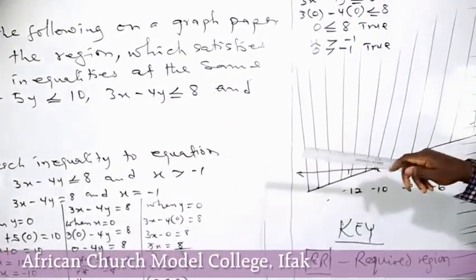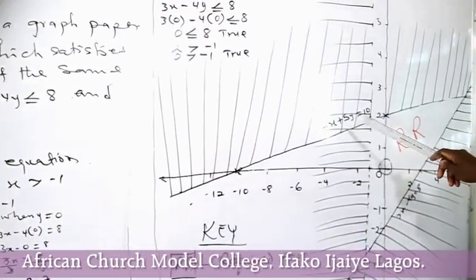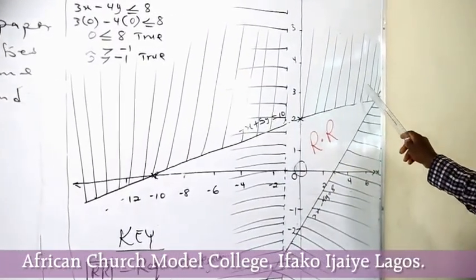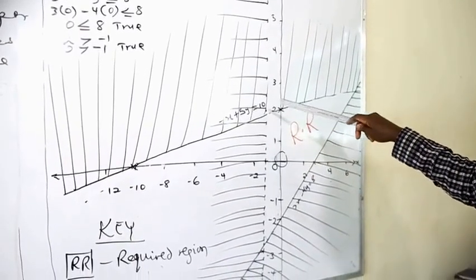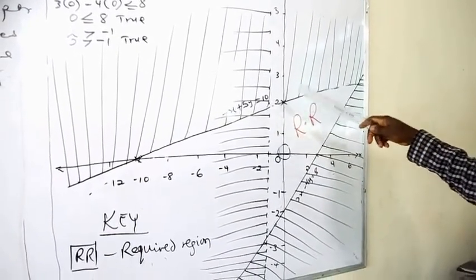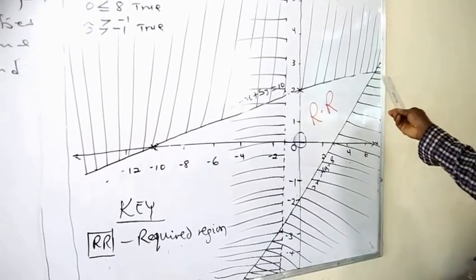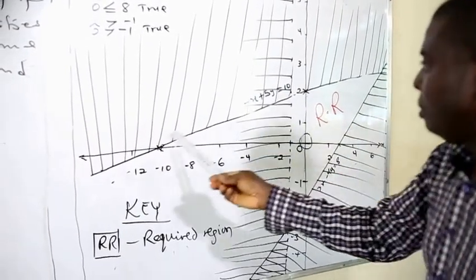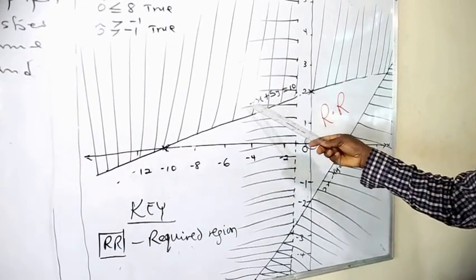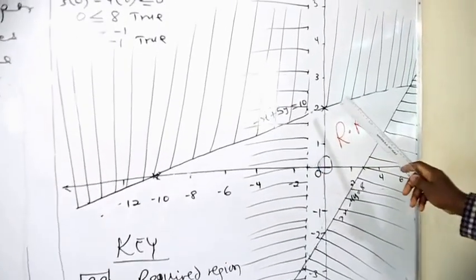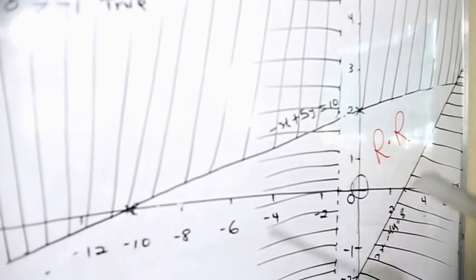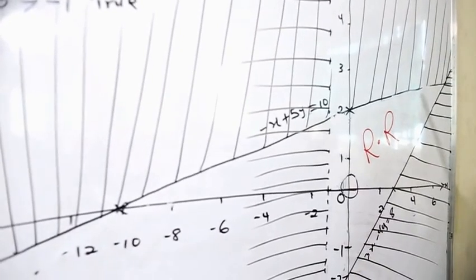In that case, the line is going to be bold, the line is going to be thick, to tell us that that particular point is also included in the values x can have. So that's the line. This is the equation of the line: minus x plus 5y is equal to 10.